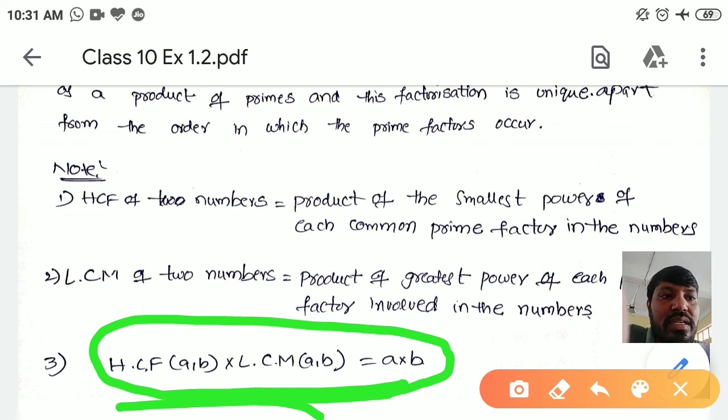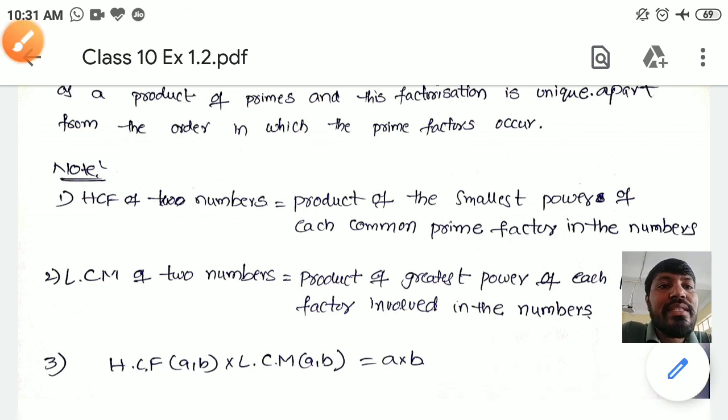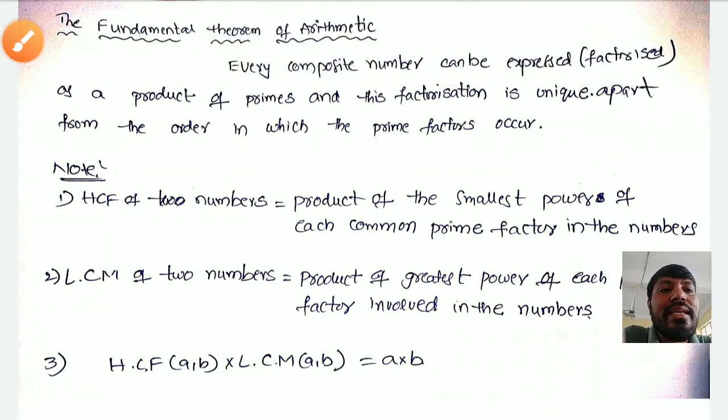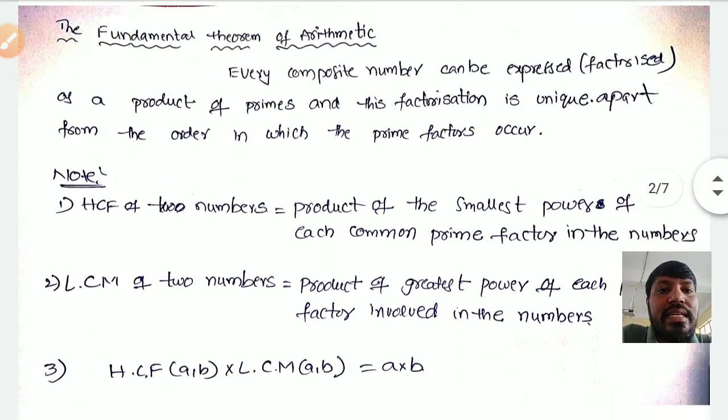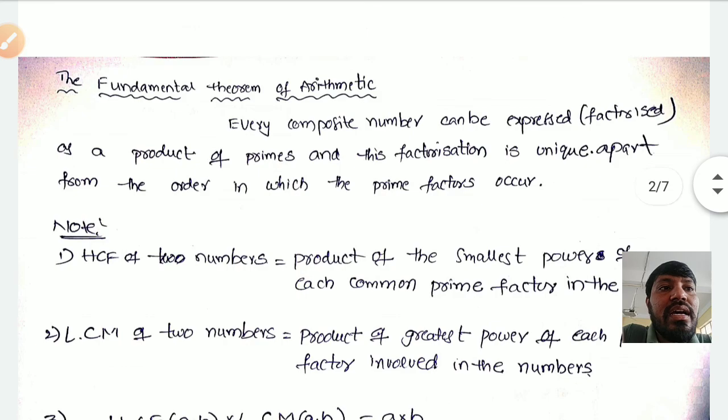Based on that you can easily understand. This is the basic concept required to find the HCF and LCM using the fundamental theorem of arithmetic. Okay.